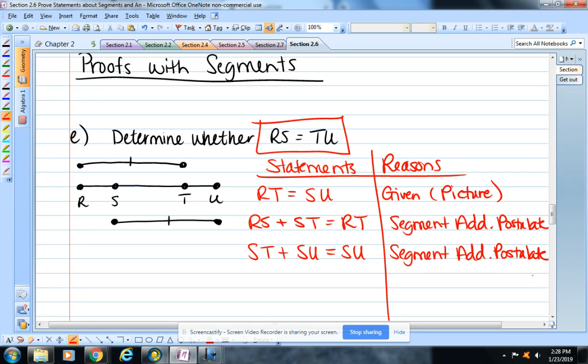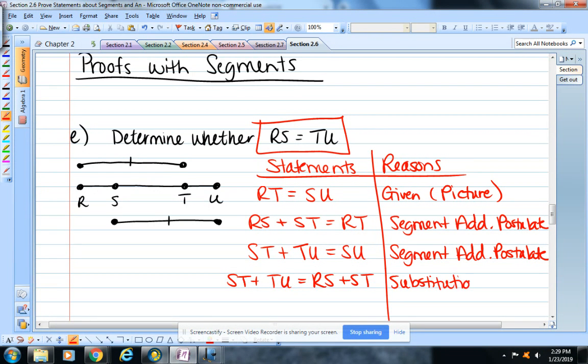Yes, TU. It is TU. I'm sorry. Thank y'all, young brains. Change that S right there to a T. SU can't equal SU plus something, that's not mathematically possible. Okay, so like I said, since these two are equal, that means these two things are equal, right? So I'm going to use substitution to tell me that ST plus TU equals RS plus ST. So that was substitution.